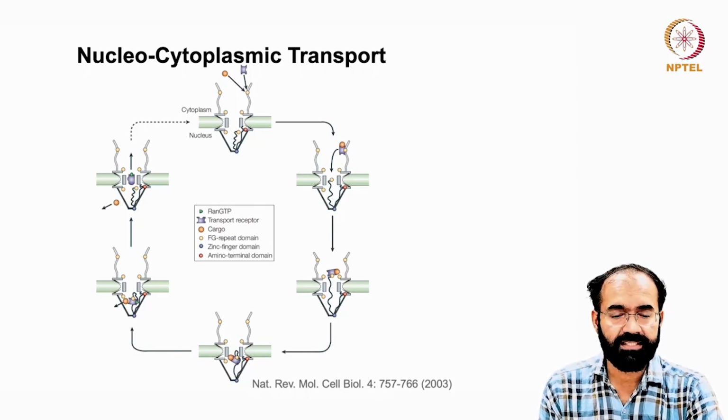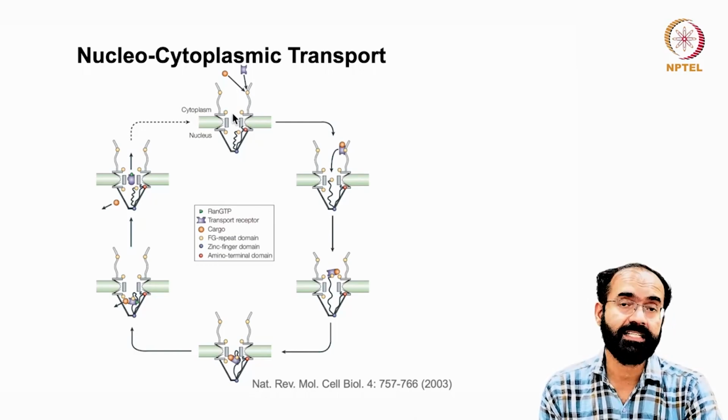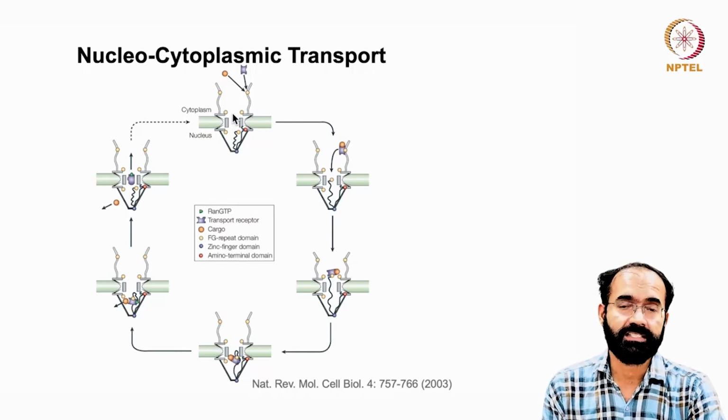So you can see here, this is the nuclear pore complex. Wherever you see this small yellow circle, it shows FG repeat containing proteins, which are important for the recognition of the cargo. It's just like if you are doing rock climbing, you need some specific holes to keep your shoes. You don't have place for keeping your entire foot.